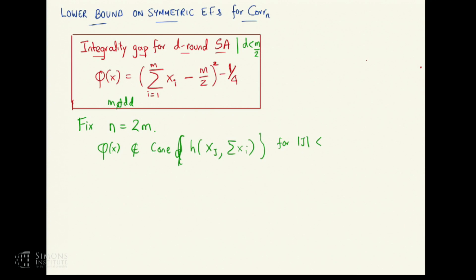J smaller than d. Basically, we want to show that phi of x is not in the cone of these functions for small J.